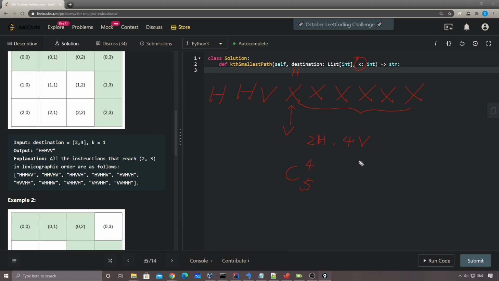Because in total we have 6 here, so we have 6 minus 1. Since we have fixed putting H here, it means that we still have 4 V's within the remaining 5 numbers. That's why the total combinations here is C5, 4, which is exactly the same as the numbers starting with H.